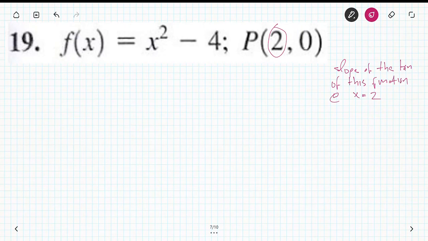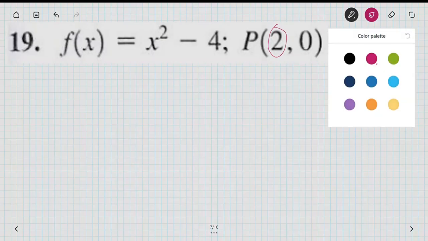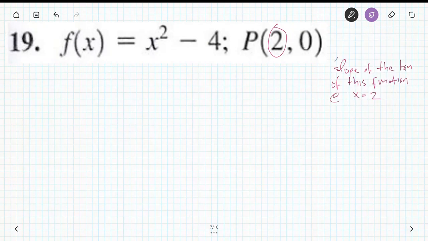All right, and so what is the slope of the tangent of my function? It is nothing but, we're saying that we want the instantaneous rate of change of our function at x equals 2. Okay, and so what are we going to do?